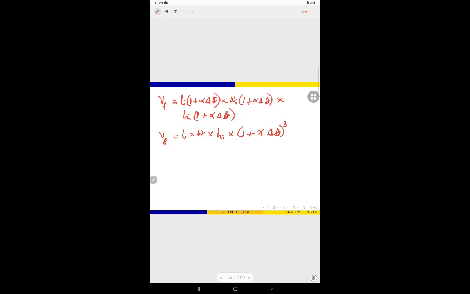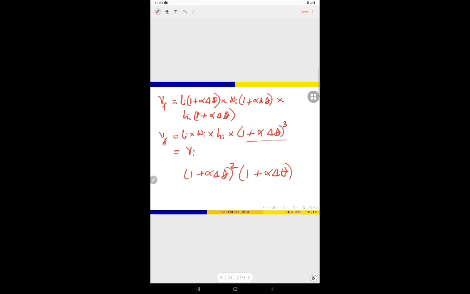So you expand this. Take your time. If you don't want to use the binomial way, you can use the basic way: simplify this first, then multiply it by this. Don't forget that this can stand for Vi.